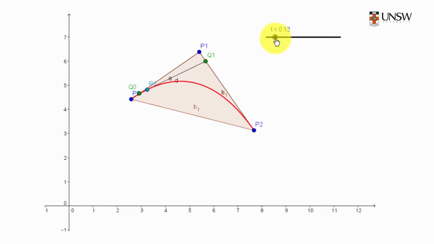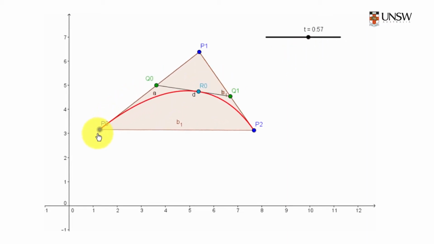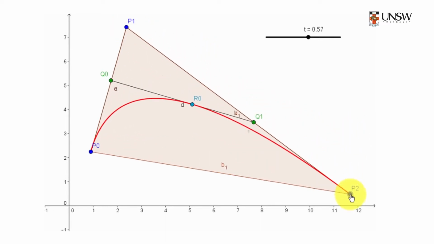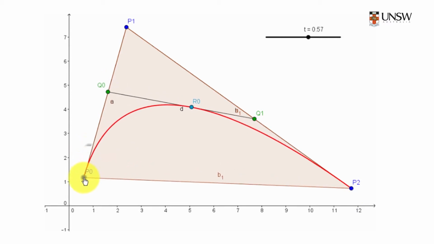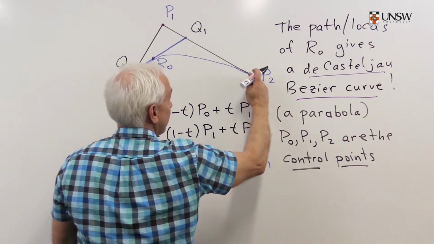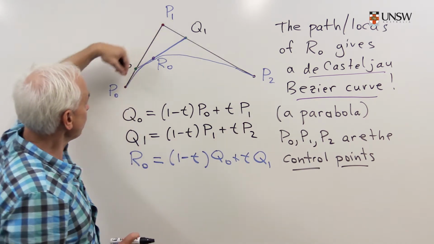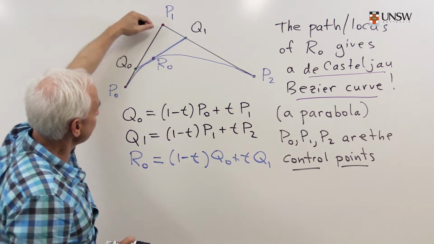P0 and P2 are actually points on the curve, namely the start and the end of this little arc. P1, of course, is not actually on the curve, but it controls the shape of the curve in a very important way. Namely, the tangent to the curve at P0, the direction in which things are going, is towards P1. And similarly, the tangent to the curve at P2 is towards P1 from P2. So P1 controls the tangent directions.